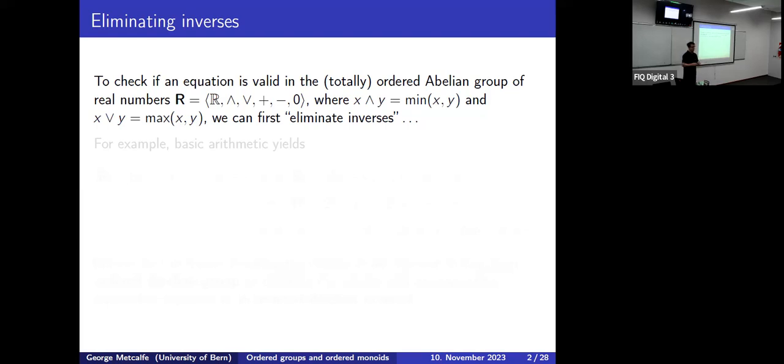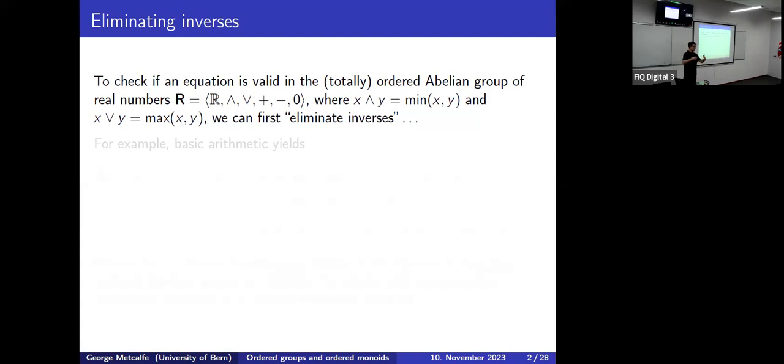But also two binary operations, the so-called meet and the join. And these can be thought of as the binary infimum and binary supremum of two elements of the group. Well, in this case, the meet is just the minimum and the join is just the maximum, right?